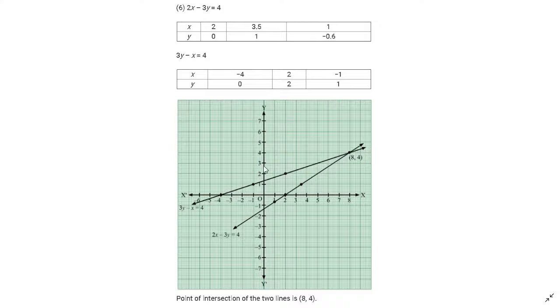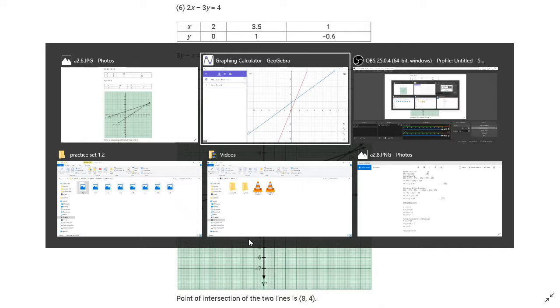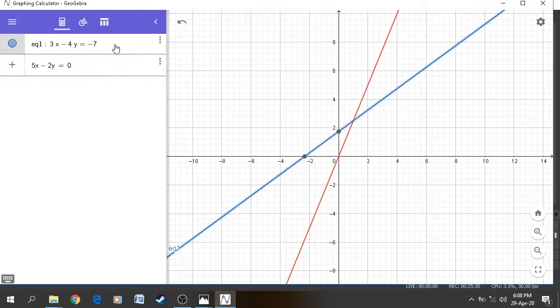These are actually simple values to plot. Similarly for 3y minus x, we can put these values. When y is equal to 0, x is minus 4; y is equal to 2, x is 2; y is equal to 1, x is minus 1; and plot these. So we will see these also on our example.